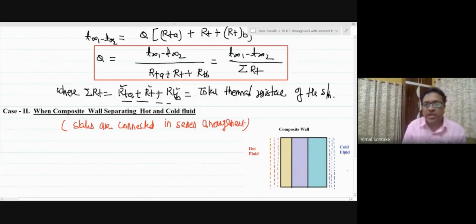Series arrangement means individual slabs A, B, and C are each made up of the same material individually, but the materials of A, B, and C can be different.